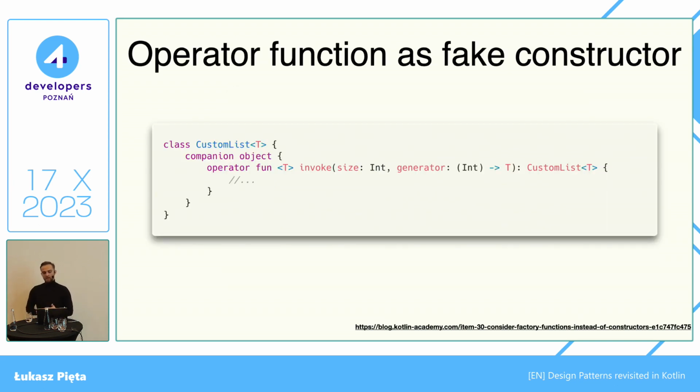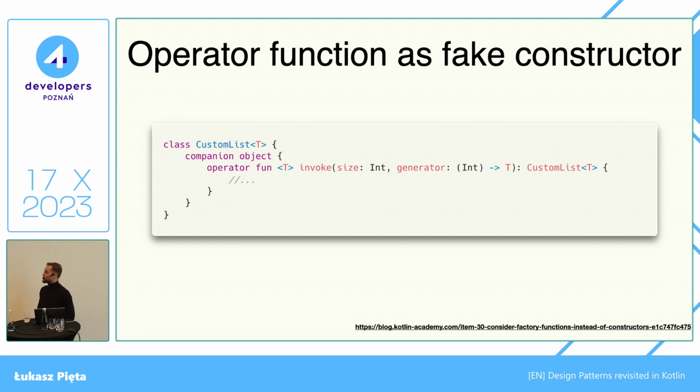And the last thing about factory functions I wanted to show you is there's one gray pattern, something that's not actually an officially bad pattern, but it's also not recommended. So it is the operator function invoke as a fake constructor.